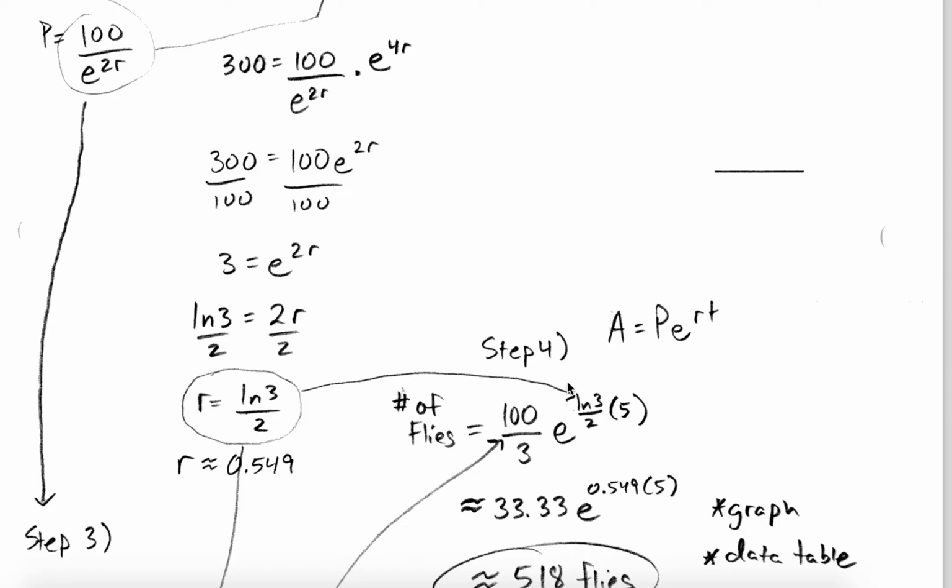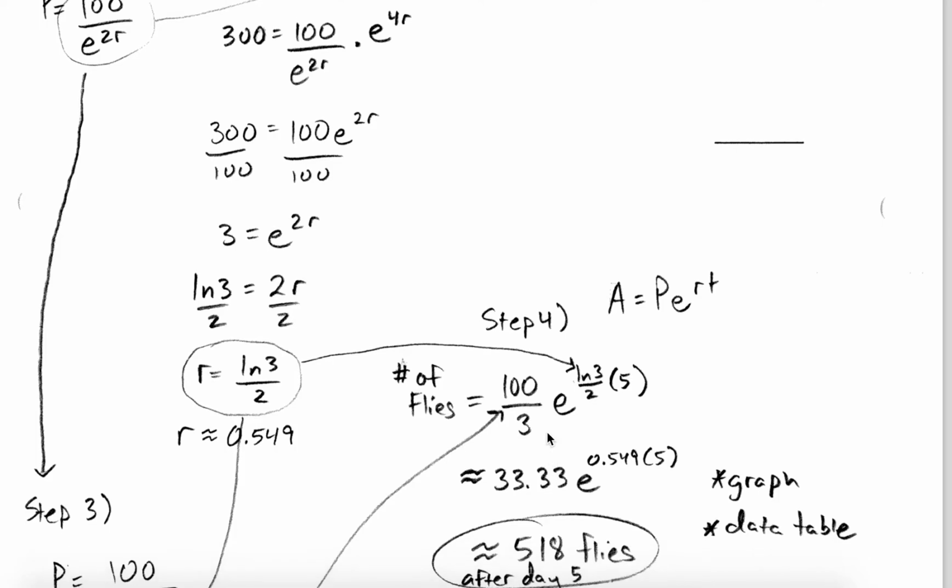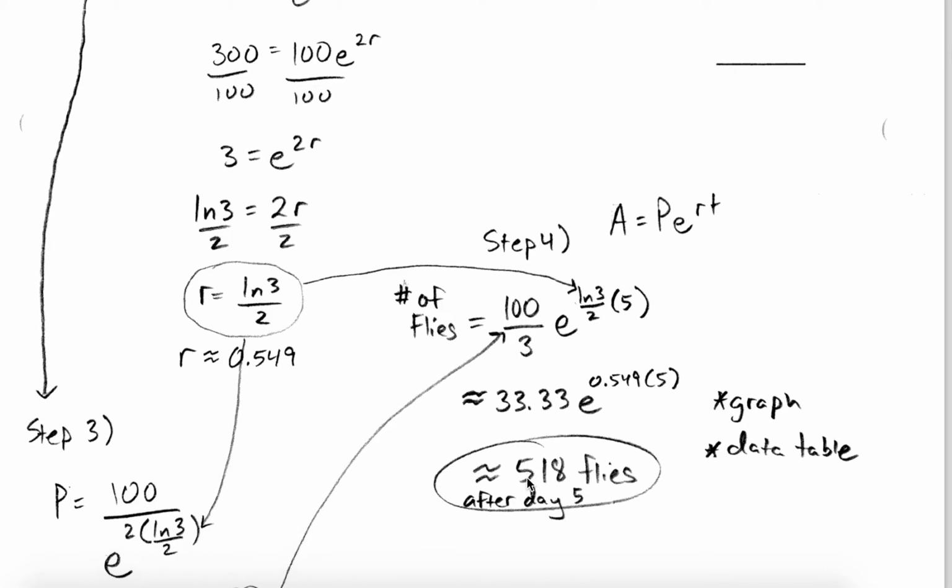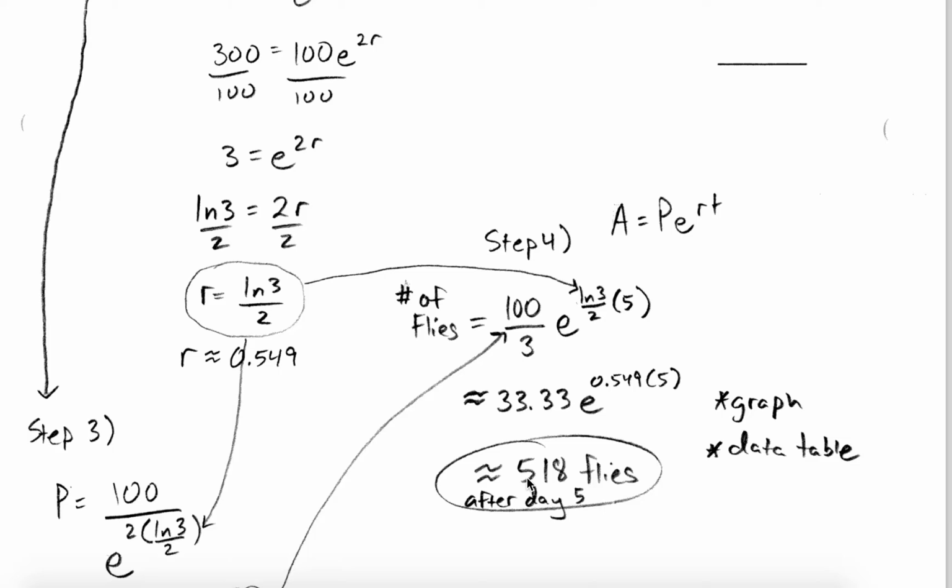Now your calculator can do all this for you, but it's quite complicated to type it all in, so it may be easier in this case to use some decimal values and approximate. So instead of 100 thirds, use 33.3. And instead of the natural log of 3 divided by 2, use its decimal value, 0.549. That's a little bit easier to type into your calculator and get a result. And it should tell you it's about 518 flies.